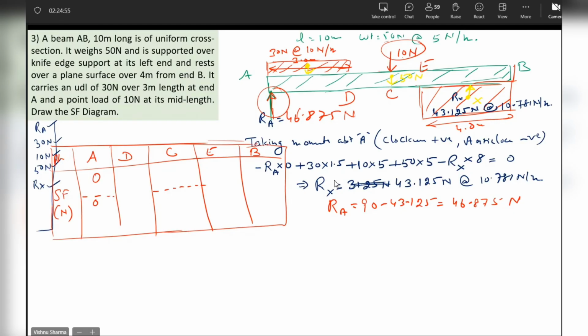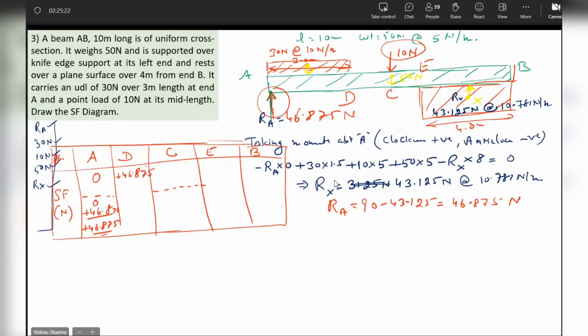What is the change taking place? 46.8, plus or minus, say it. Plus, sir. Plus 46.875. Then I carry forward plus 46.875.